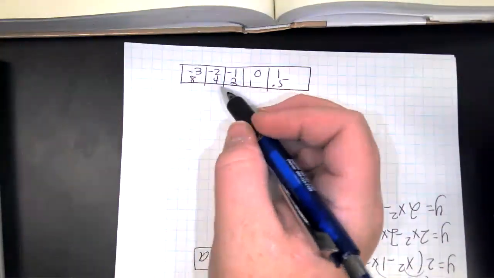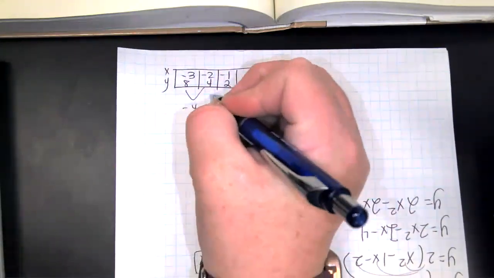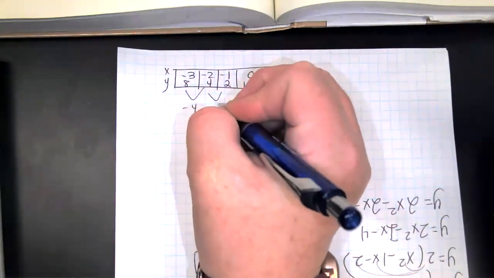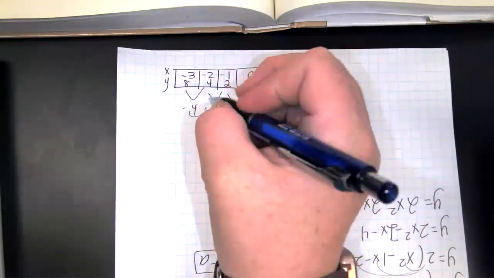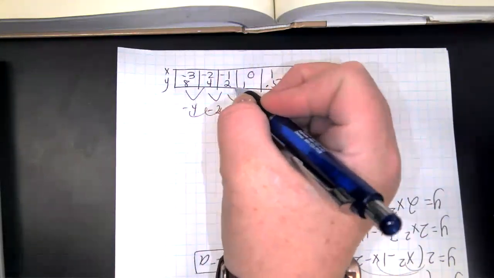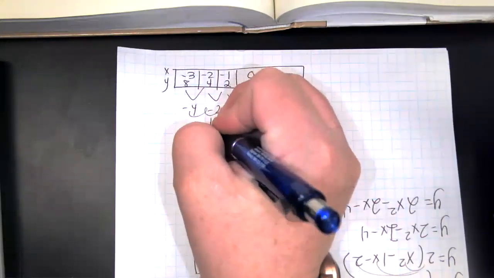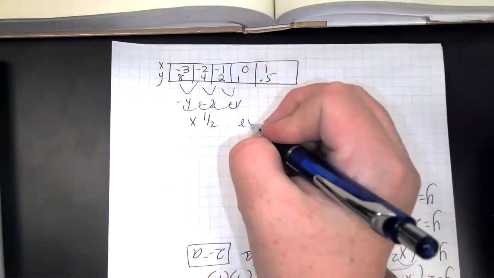All right, so if this was x, this is y. Down 4, down 2, down 1. Okay, so that doesn't work. How about a multiplier? How about a half? Half, half, yep. Multiply by a half. Okay, so that's exponential, right?